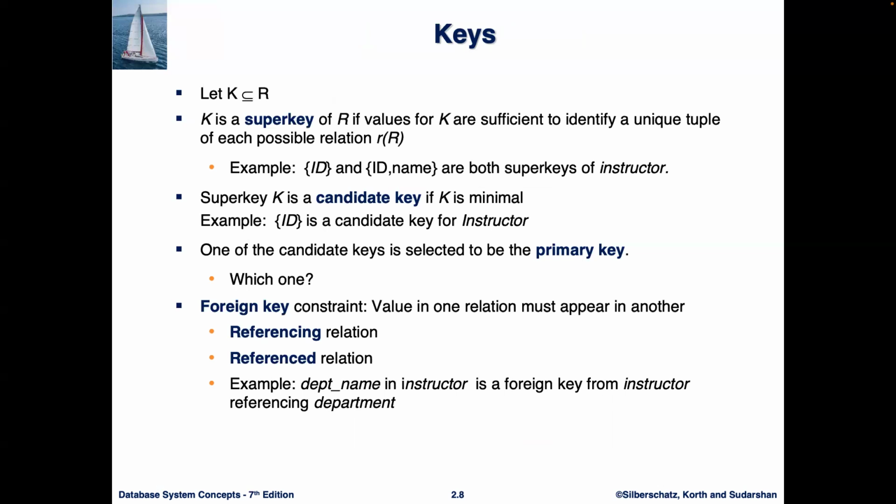We are going to talk about keys. Let K belong to the relation R. K is a super key of R if the values of K are sufficient to identify a unique tuple of each possible relation. So we need something that is uniquely identifying.